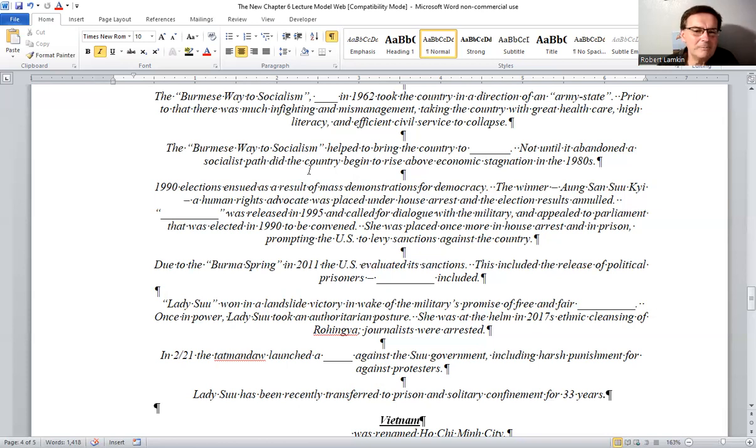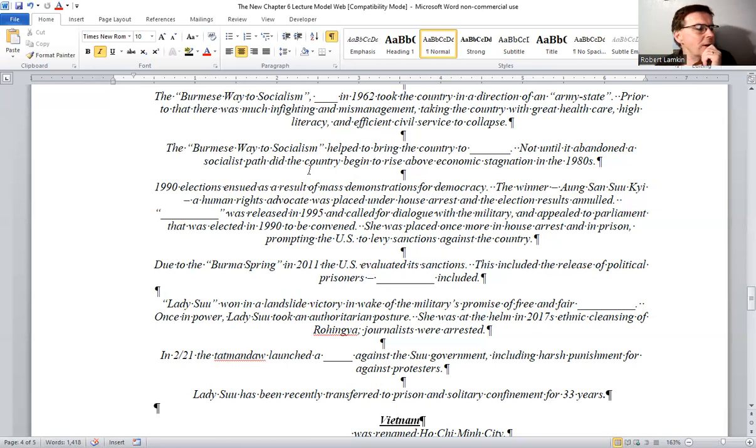Very, very sad. And then in February of 2021, the Tatmadaw, the army state, launched a coup against the Suu Kyi government, including harsh punishment against protesters. Just an FYI on that.